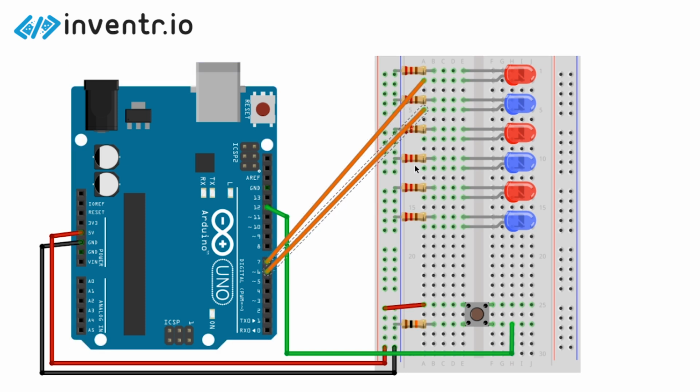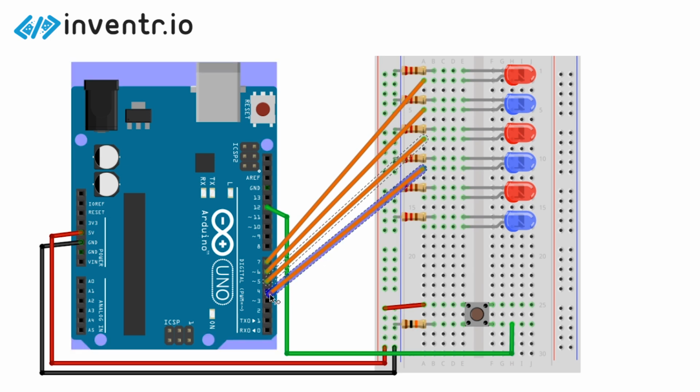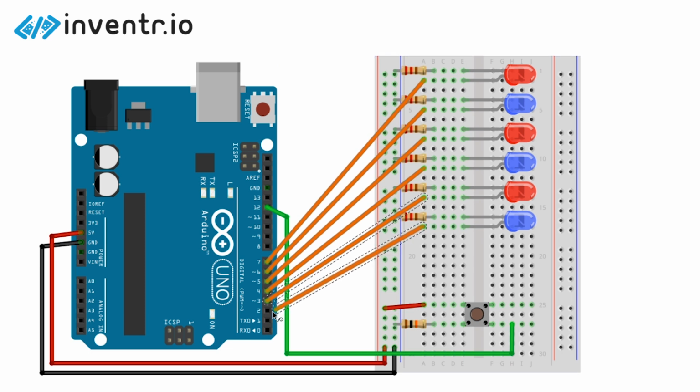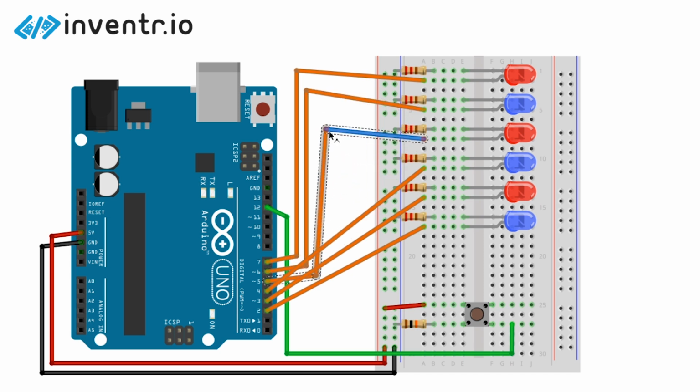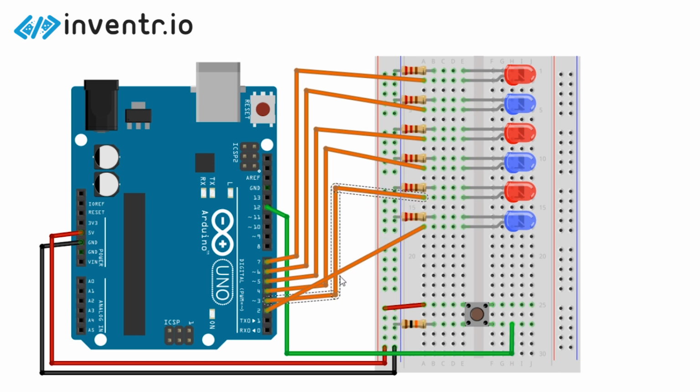Six, 5, 4, 3, easy enough. So now we have all of our LEDs. They're from 7 all the way down to 2. We've got 6 of them. And then we've got our push button that is put into 12 as an input.